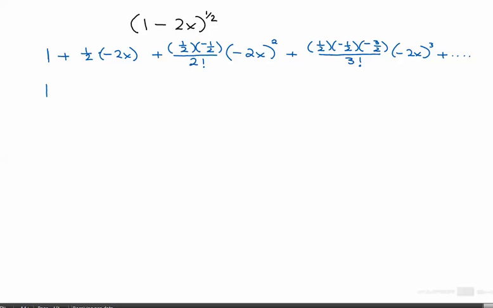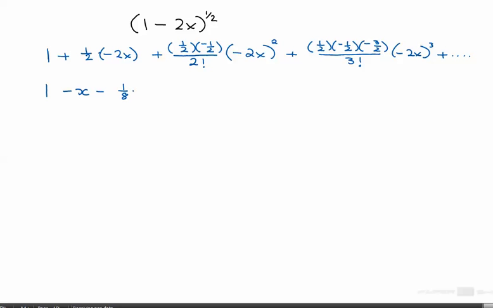So we've got 1, and this is going to be minus because it's minus 2 times a half, so minus x. And the next term, we've got a minus a half, but we've got a minus 2 squared, which gives us a positive value, so we're left with just the minus a half. So minus, and then a half multiplied by a half is a quarter, divided by 2, so that's 1 over 8.